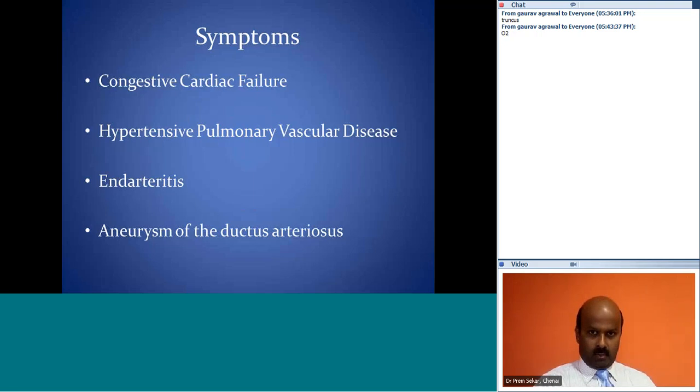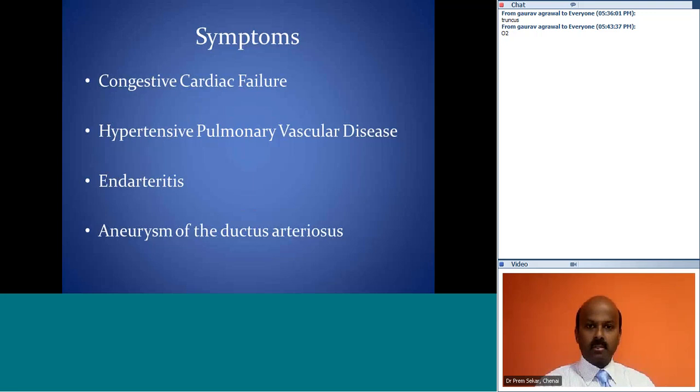Chronic overloading of the left ventricle because of the increased pulmonary venous return, in the adults with PDA, the moderate to large size PDA, causes distension of left atrium and left ventricular chambers.